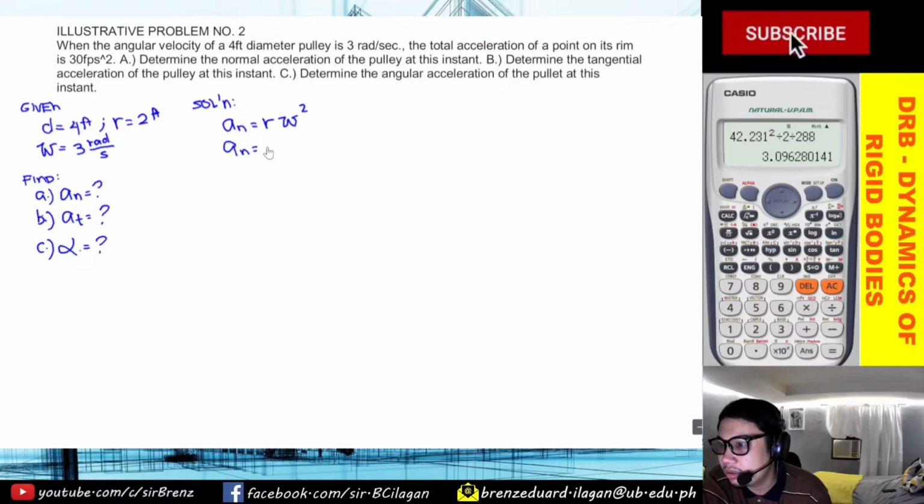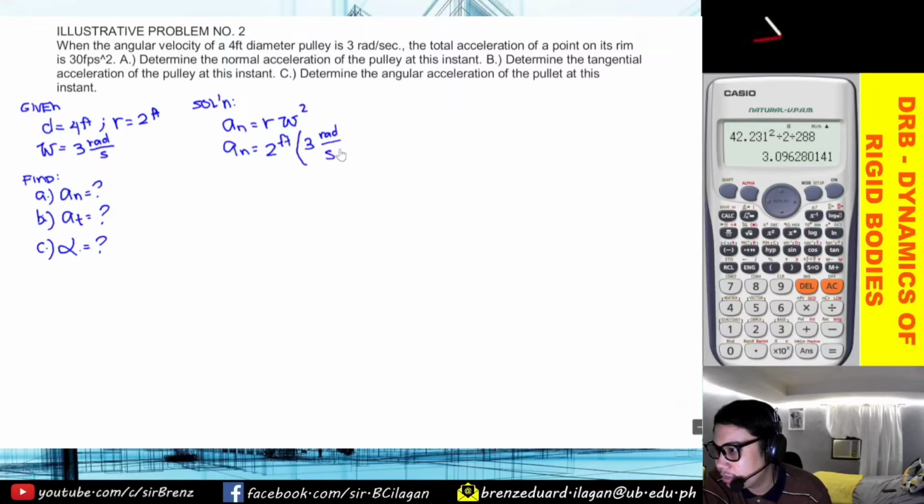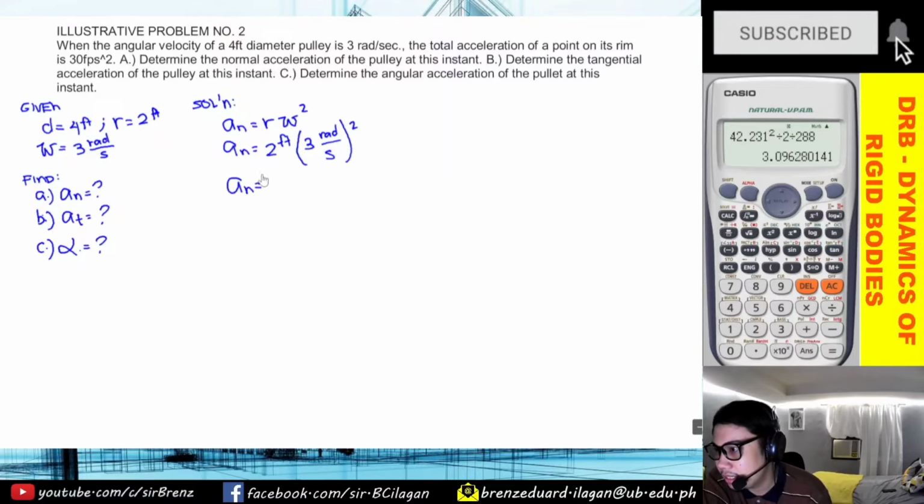So, that is 2 feet all over 3 radian per second squared. So the normal acceleration, 3 squared, 9, 18 feet per second squared.